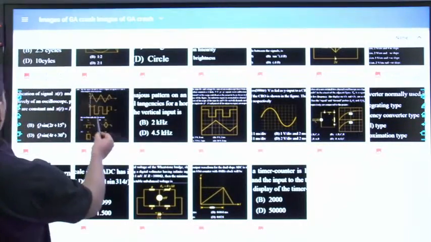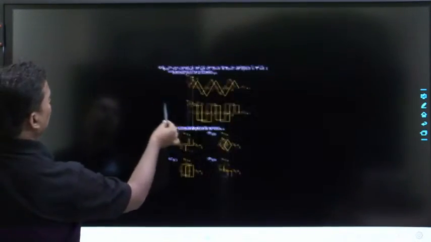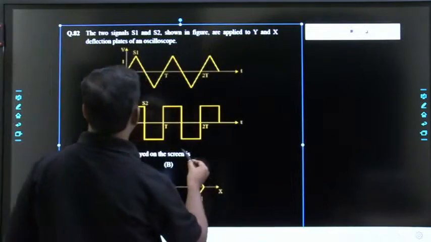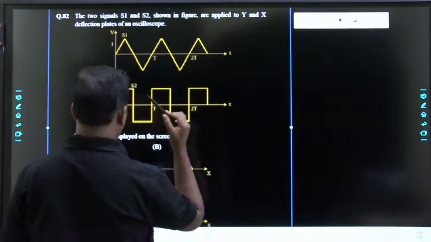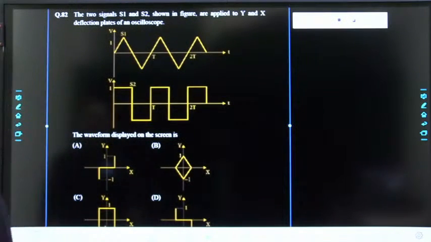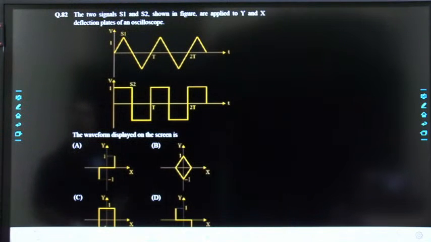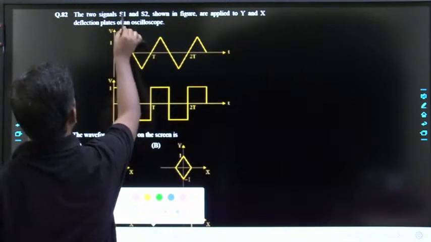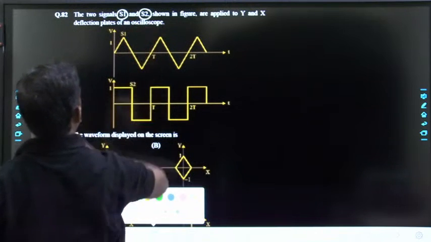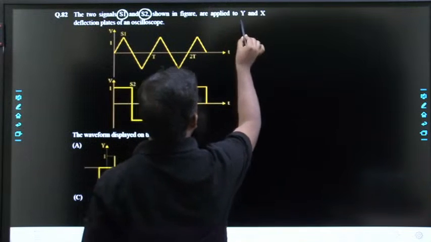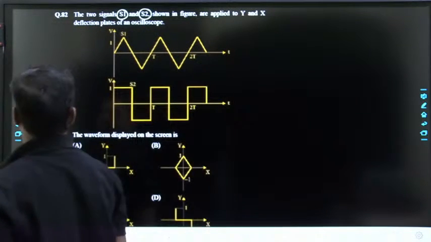Try to do this question. Very good question. The two signals S1 and S2, as shown in the figure, are applied to Y and X deflection plates.